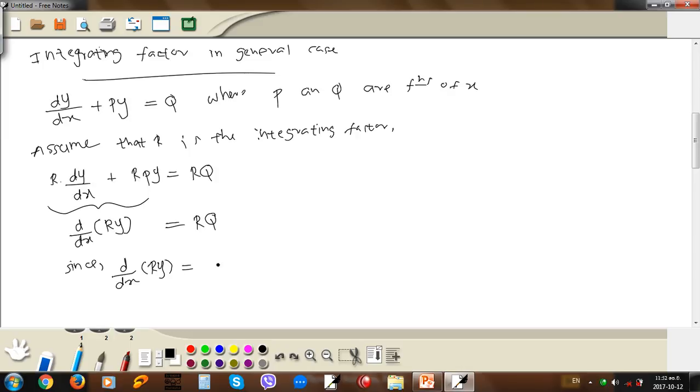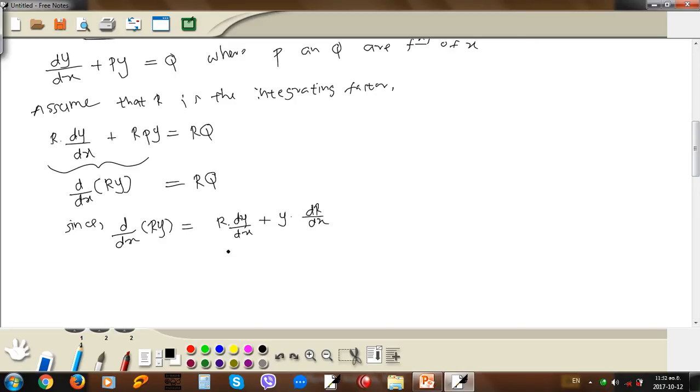This we can differentiate: r times dy by dx plus y times dr over dx, right? So I simply differentiate this part, then this should be equal to this one.